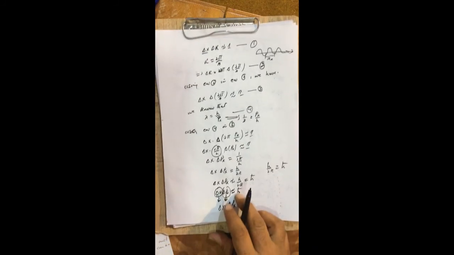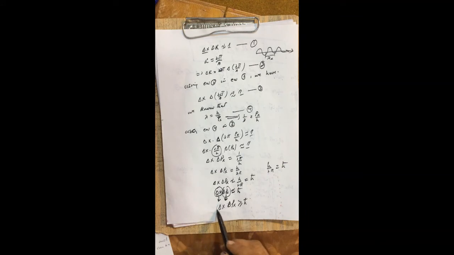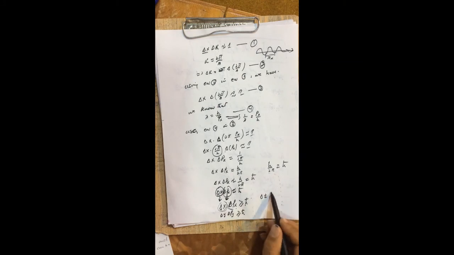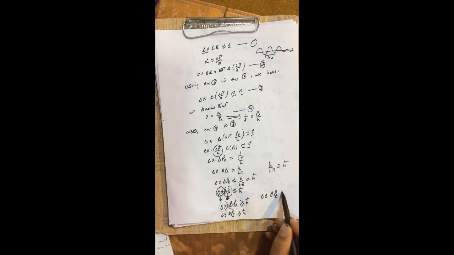Now this is only for the x component. The error in measuring the x position and x momentum is of the order of h bar. Similarly, delta y into delta py is also greater than or equal to h bar, and similarly delta z, delta pz is also greater than or equal to h bar.